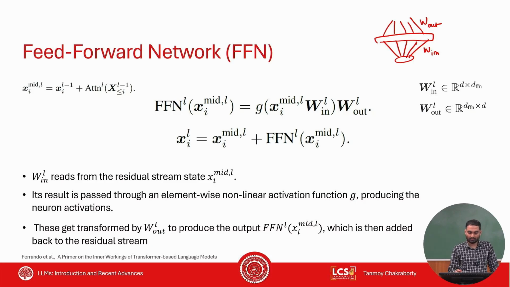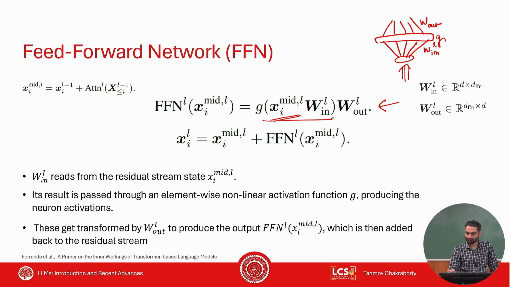Okay, now let's look at this equation here. X_i^mid,L. What is this? This is the output of the attention, which you obtained from the previous layer, from the previous computation. This is fed to W_in^L, the first projection layer, and then we have some nonlinearity, a normal MLP nonlinearity.